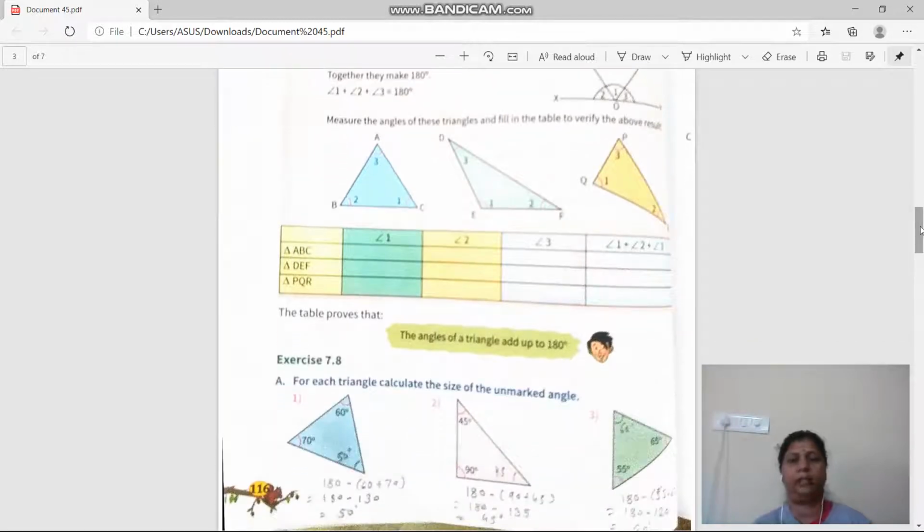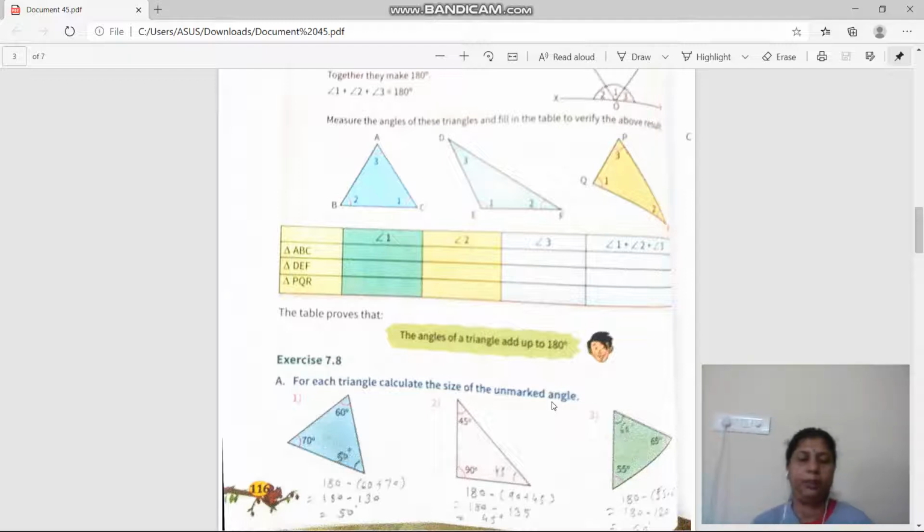We will start this exercise now. Exercise 7.8 A. For each triangle, calculate the size of the unmarked angle. So take a pencil in your hand because we will solve this exercise in the book only. Page number 116.